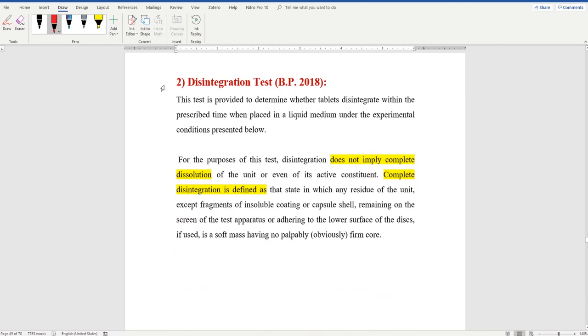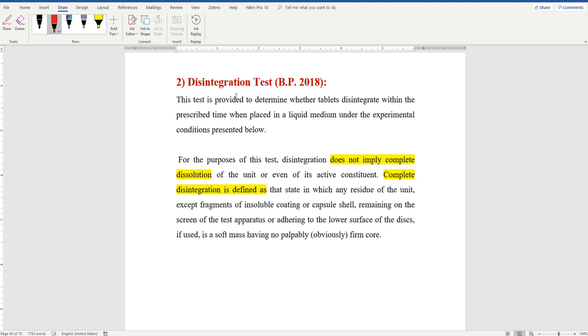The second test we will talk about is the disintegration test. Disintegration, remember that we usually add disintegrants to the tablet formulations. For some tablets, you may not need to add disintegrating agents, such as the chewable tablets.